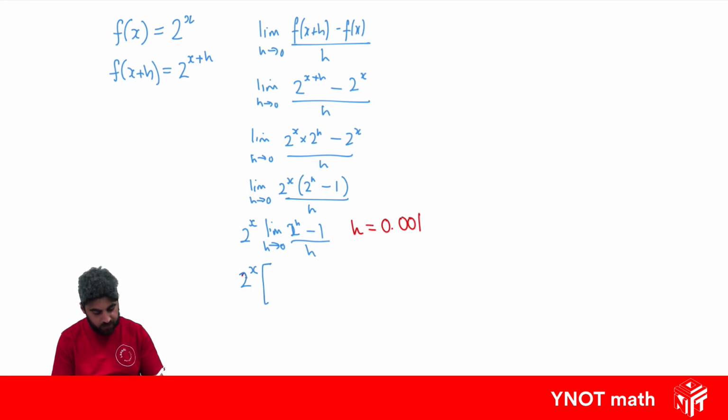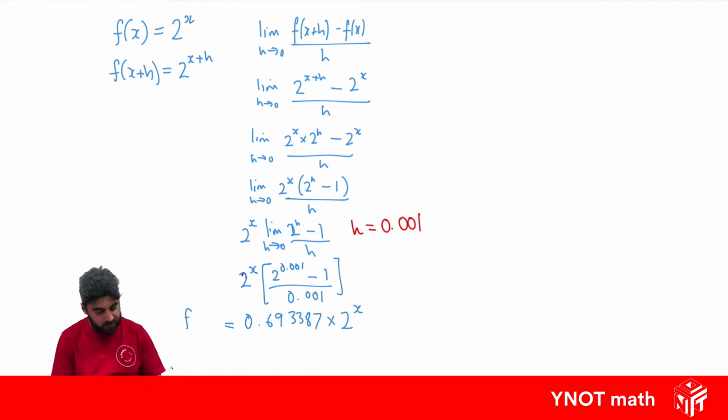Now when we sub in h as 0.001, we get 2 to the power of 0.001 minus 1 over 0.001. And that's going to give us approximately 0.693387 multiplied by our 2 to the power of x.